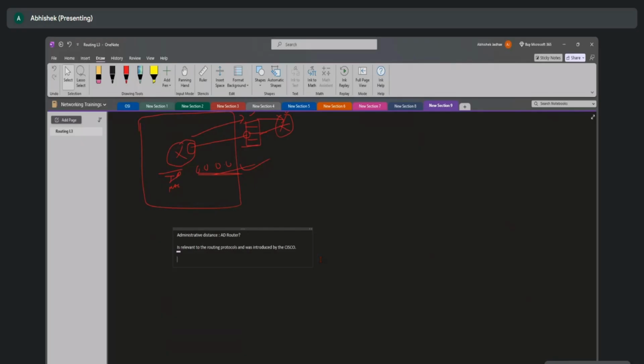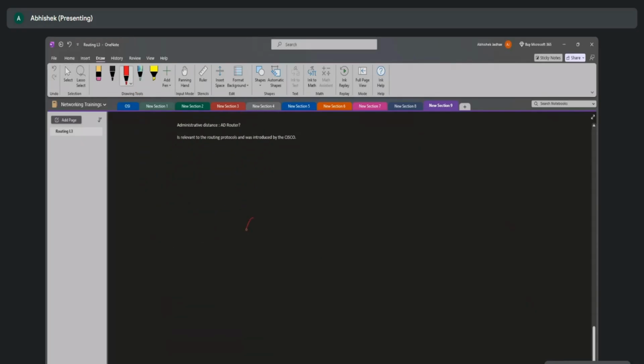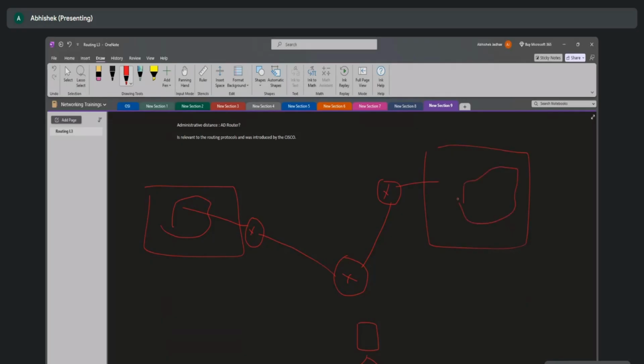right? So basically, let's assume that this is a router, this is another router, this is the device. Okay, this particular router is connected to its own connectivity center within the cloud, and this particular router is connected to its own connectivity center within the cloud, right?